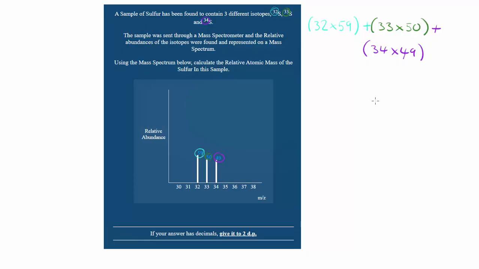If you take some time to work that out for yourself, what you should come to is 5204.